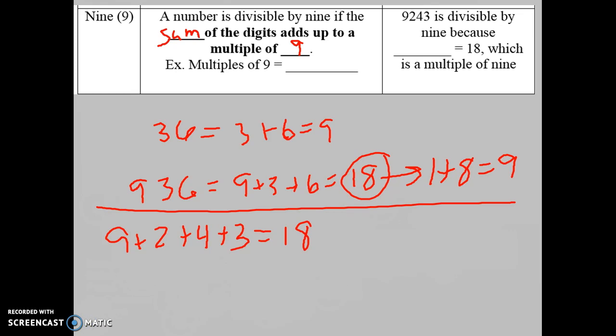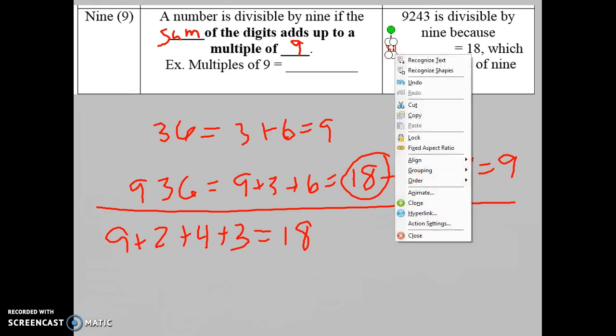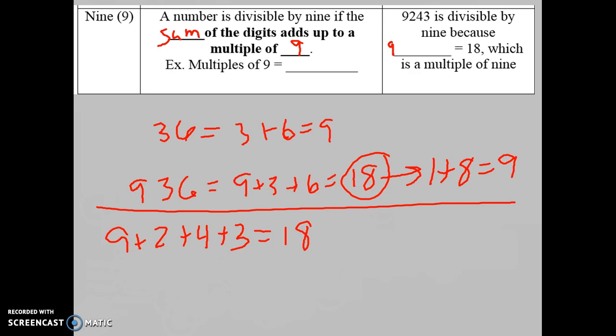So up here on your blank, you would have written 9 plus 2 plus 4 plus 3. And more examples of multiples of 9 could be the number 36, also the number 936.